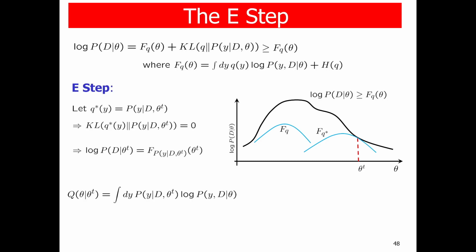As a reminder, this was the Q function in the E step of the EM algorithm. Using our notation, we can also write the Q(theta, theta t) function as the free energy at theta, where Q is set to the conditional distribution of y given the data set D and the parameters theta at iteration t, minus the entropy of this distribution.